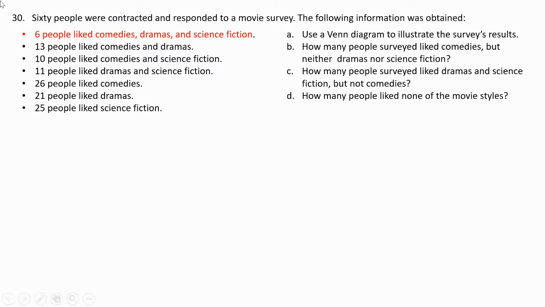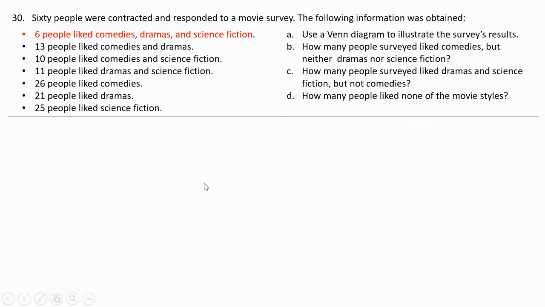So you have to put all of this into a Venn diagram, because it's easier and more visual once you draw it. For B, how many people surveyed like comedies, but neither dramas nor science fiction? For C, how many people surveyed like dramas and science fiction, but not comedies? And finally for D, how many people like none of the movies?